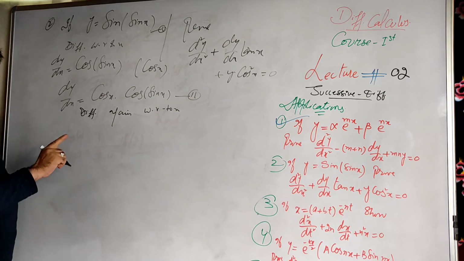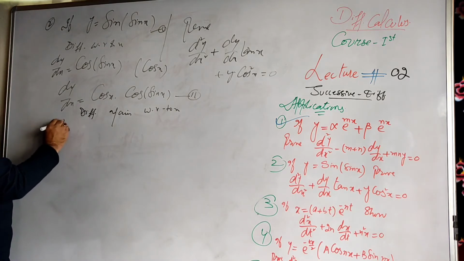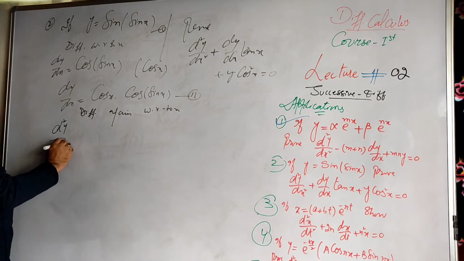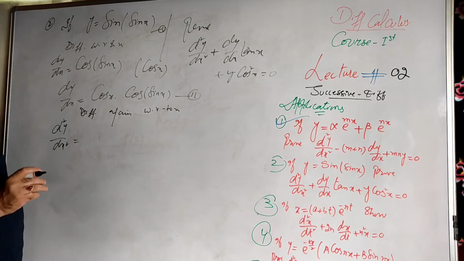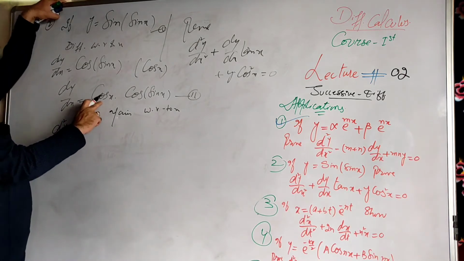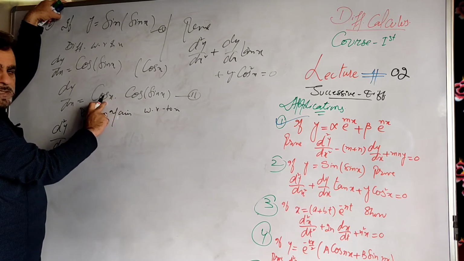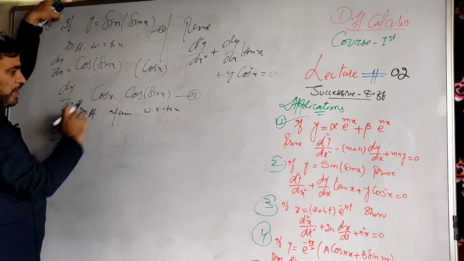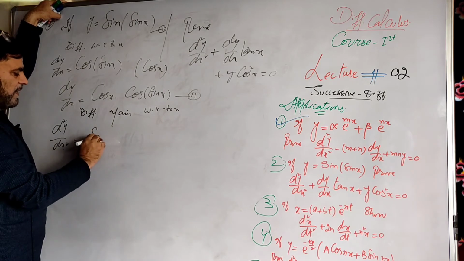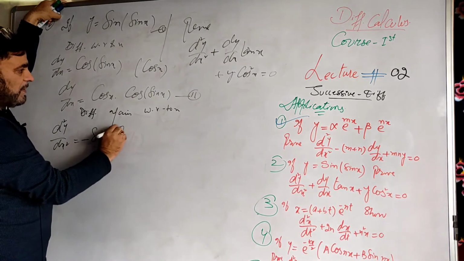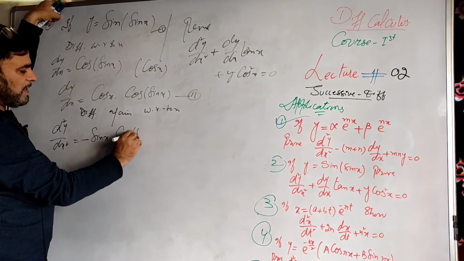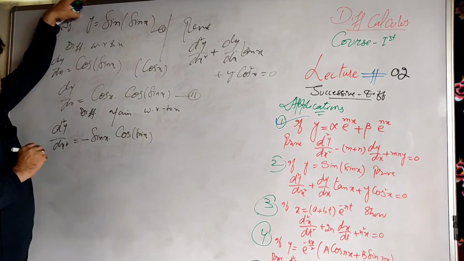We have to go now with the product rule. It is d2y by dx square. Product rule, you know. Differentiate any function out of two. First is this. Differentiate this: derivative of cos is minus sin x, this is cos of sin x, second function as it is.